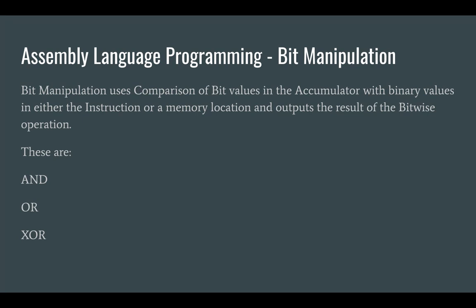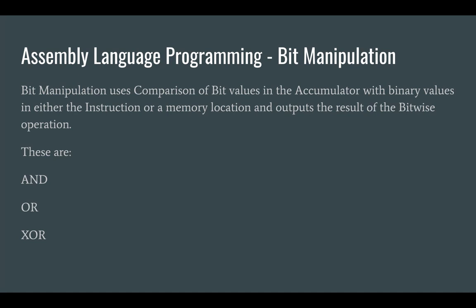If either of them is a zero, then the result of the AND operation is a zero. Okay, and so we can use this to, say, for example, reset values in registers. If we AND with zeros, then the resultant is a zero, whether or not it's a one or a zero.